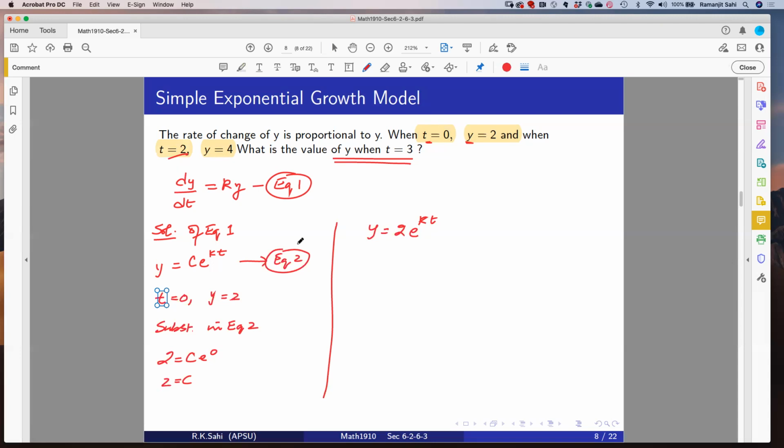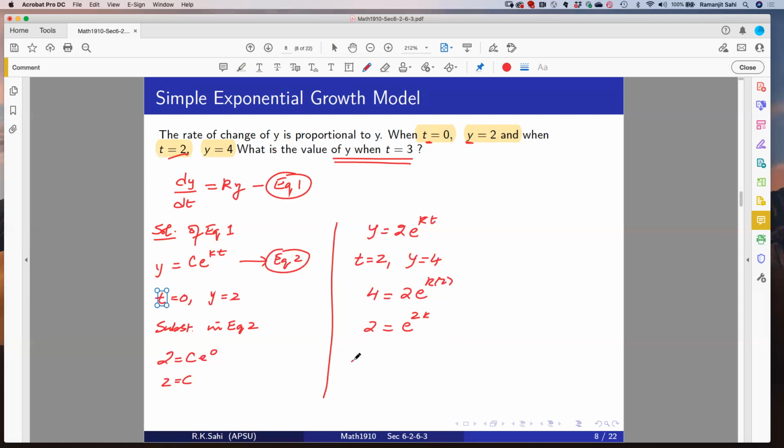Now let's look at the next values. It says when t is 2, y is 4. So 4 equals 2 e to the power k times 2, or 2 equals e to the power 2k. Now, we want to find k. We know that exponentials and logarithms are opposites of each other.